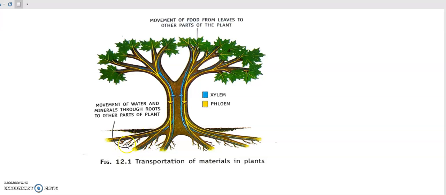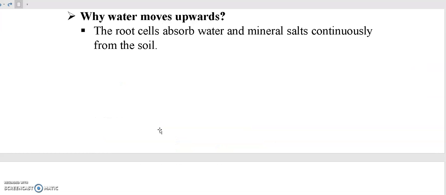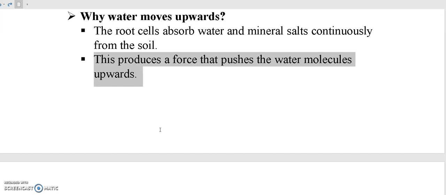So there is this pushing force here, right? The root cells absorb water and minerals continuously from the soil, and this produces a force that pushes the water molecules upward. So there is one kind of pushing force.